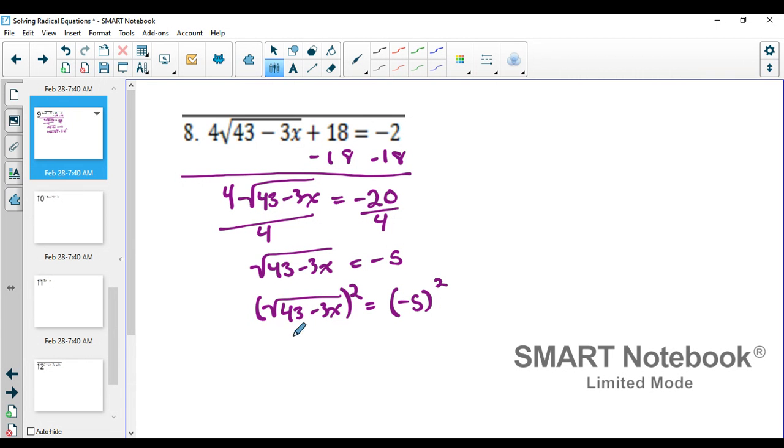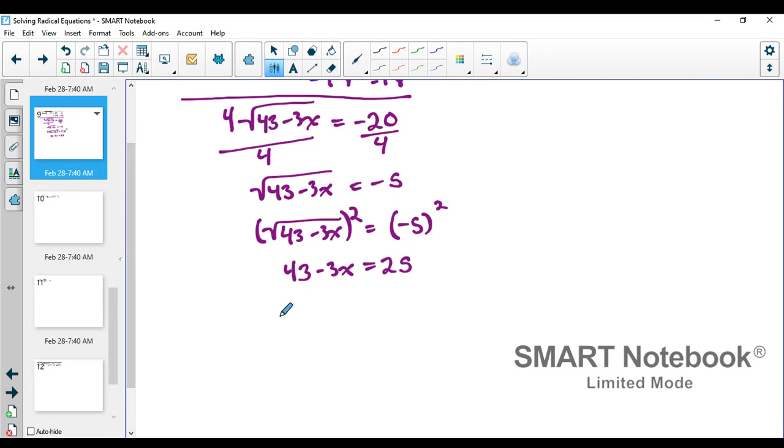And then the square root and the squared cancel, and we have 43 minus 3x equals 25. And now we're going to subtract 43. So we have -3x equals -18. And then divide by -3, and we get x equals 6. And there we go.